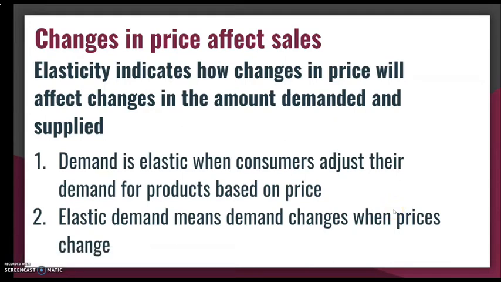Okay, elasticity. There's a new word that you will learn, and that is elasticity, which means changes in price affect sales. Elasticity indicates how changes in the amounts demanded and supplied. So a way you can remember it is a rubber band is an elastic object.